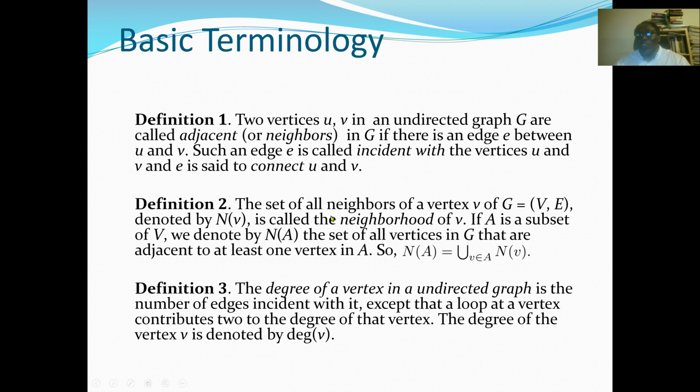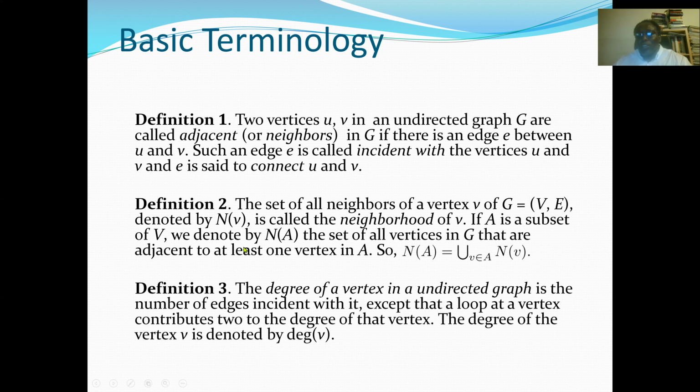So the set of all neighbors of a vertex v of G, denoted by N(v) with a lowercase v, is called the neighborhood of v. Now, if A is a subset of V, which means all the vertices in A are also in V, but there are some vertices in V that are not in A.